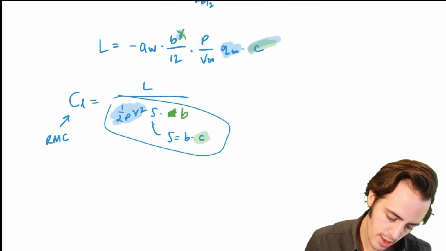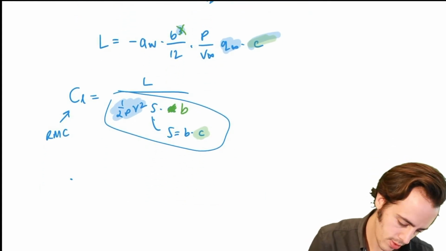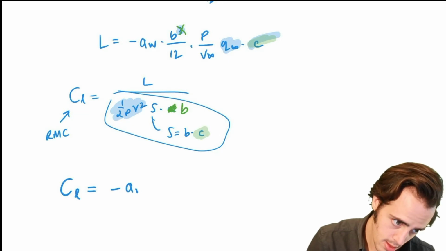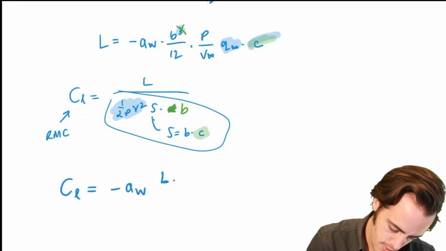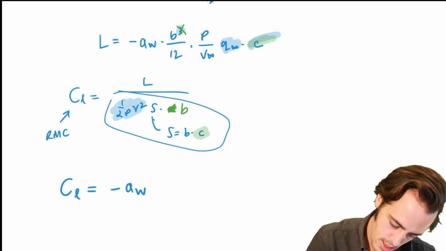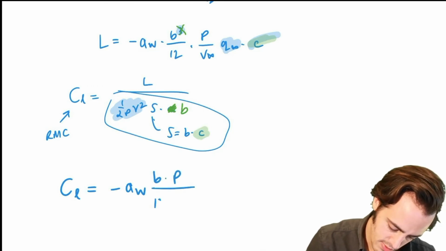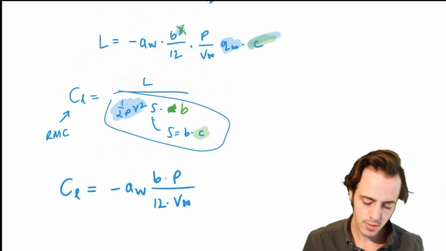So our expression then becomes CL is equal to minus AW B multiplied by P divided by 12 V infinity.